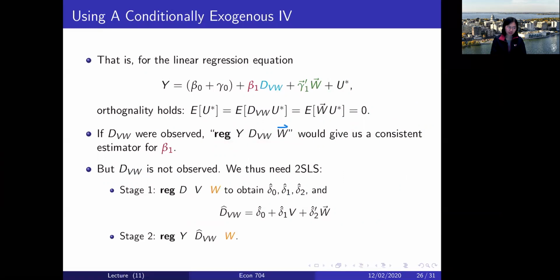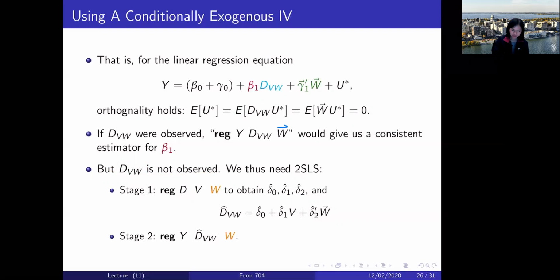But of course, d_vw is a projection that we do not observe. However, estimating the projection is not difficult. We can do two-stage least squares. In the first stage, we regress d, actually it's x, but I keep calling it d. So just in your mind, imagine d is x.